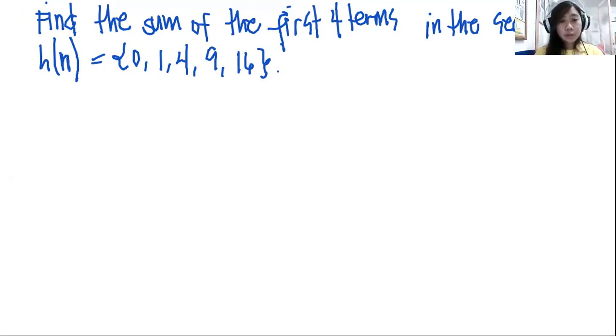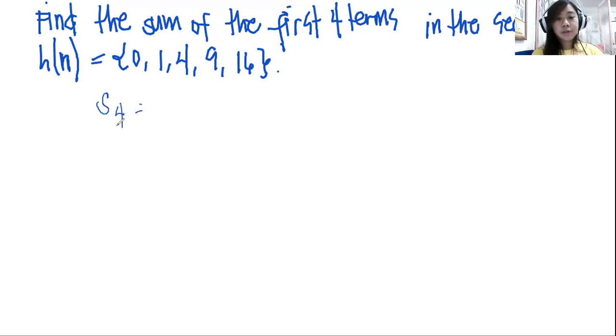Using the formula that we have, S sub n is equal to A sub 1 plus A sub 2 plus A sub 3 plus A sub 4 and so on and so forth. So using the formula, S sub 4.